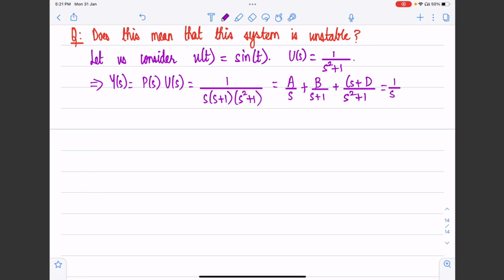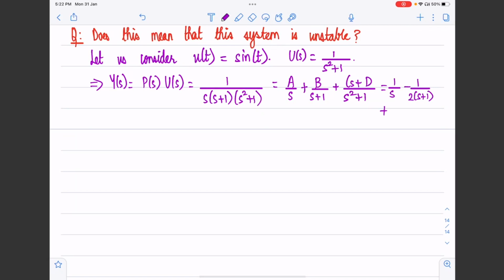Now, if I want to find B, I multiply both sides by s plus 1 and substitute s equals minus 1. On the left hand side, the s plus 1 will vanish in the denominator, and I will get B to be minus 1 by 2.